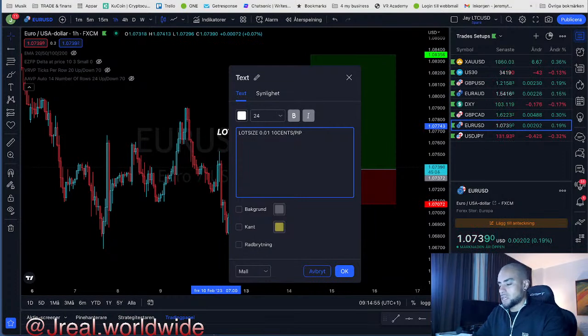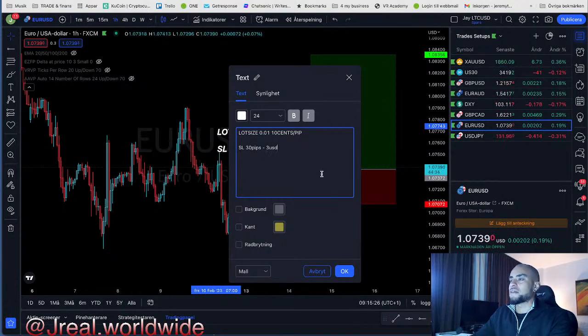That means if our stop loss is 30 pips, then how much are we risking on this trade? If our stop loss is 30 pips and we are risking 10 cents per pip, how much are we risking on this trade? We are risking $3, right? So we risk $3 on this trade.